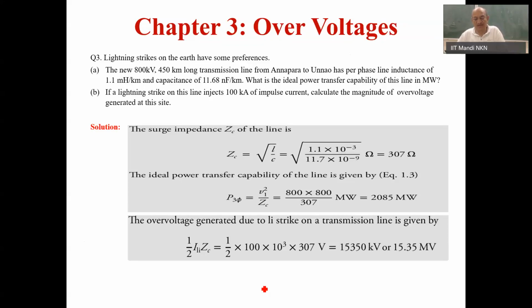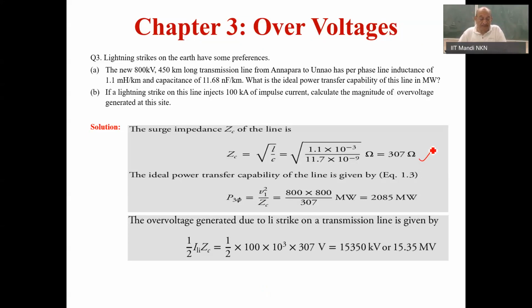On an average, you could say it is about 300 ohms. Root L by C gives you ohms, with 1.1 millihenries, that is 10 to the power minus 3, and 11.7 nanofarad, that is 10 to the power minus 9. It gives you ZC, the characteristic or surge impedance of the transmission line, of the order of 307 ohms.